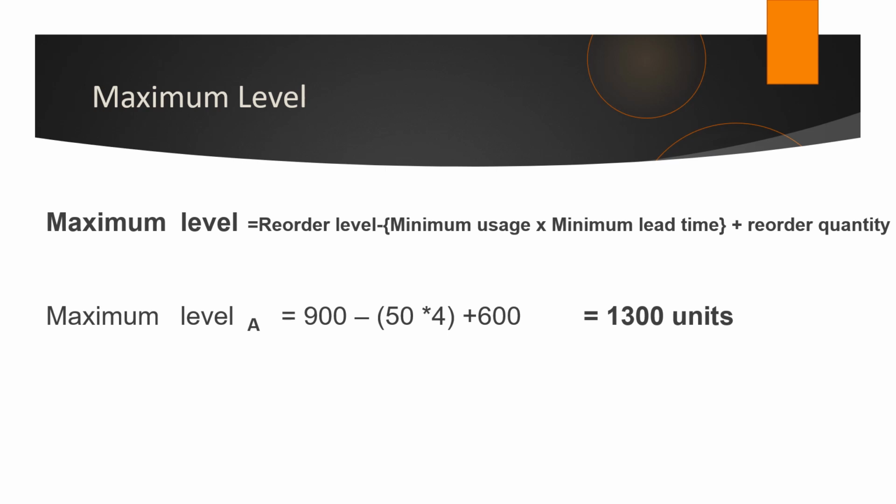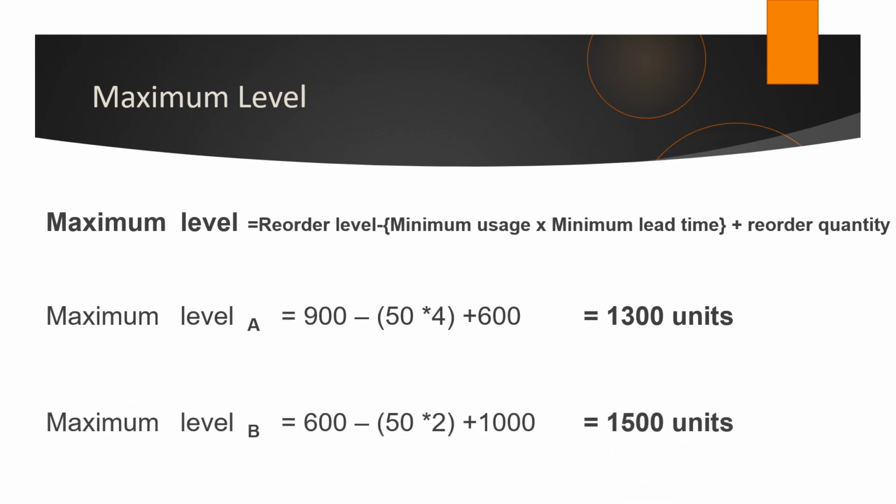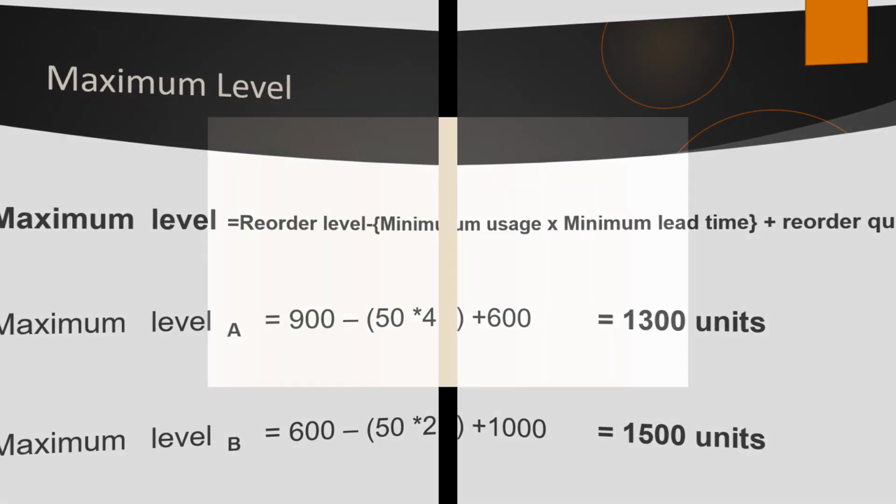So let's see what will happen to the maximum level of product B. In product B, the reorder level is 600 and from that we are going to deduct the minimum usage into minimum lead time, which is 15 into 2. Then we are going to add back the reorder quantity, which is 1000 units. So ultimately, as the maximum level of product B, we are getting 1500 units.